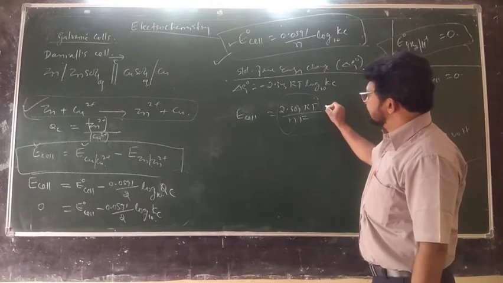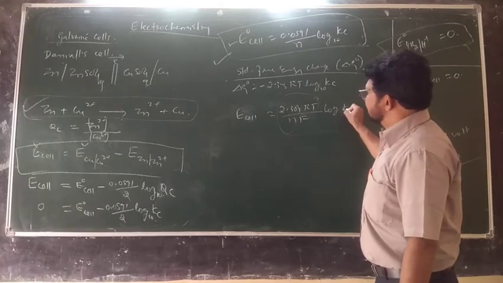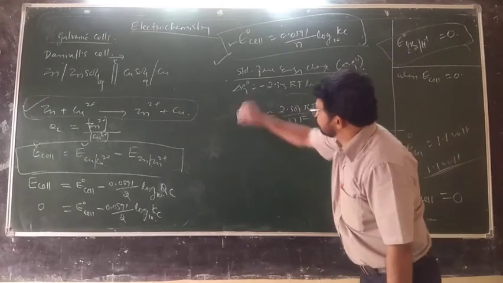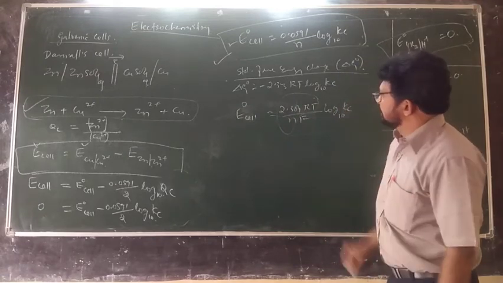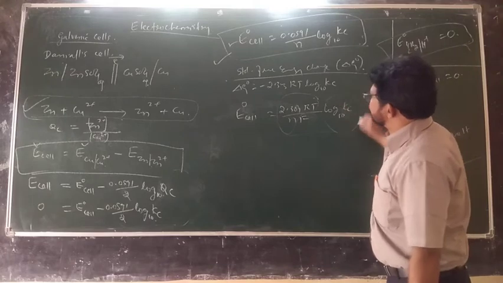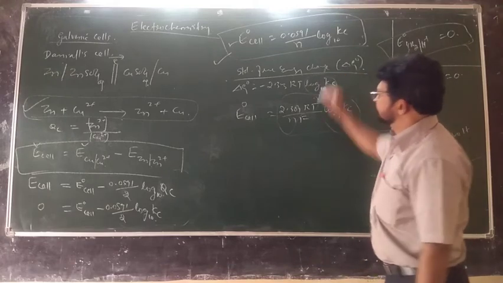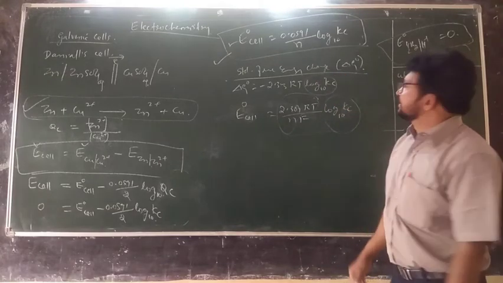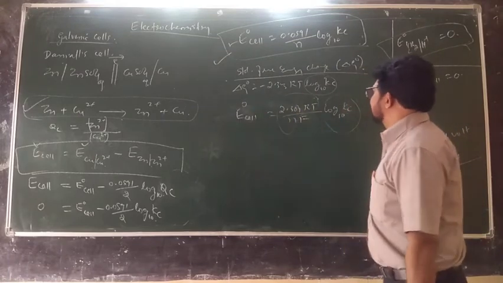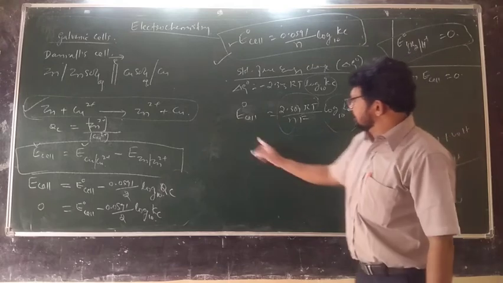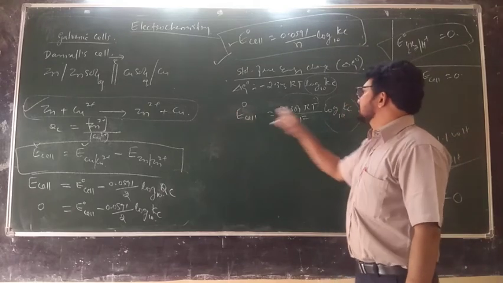Then you can write log Kc. So here also log Kc, here also log Kc. Yes or no? Take log Kc for this: delta G naught by minus 2.303 RT, and NF into E naught of the cell divided by 2.303 RT.